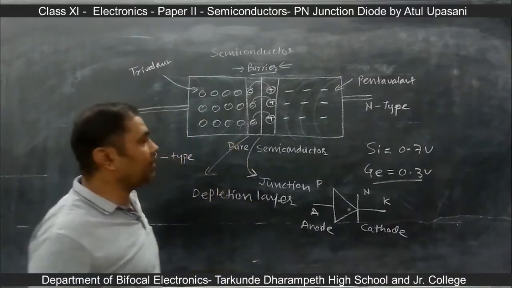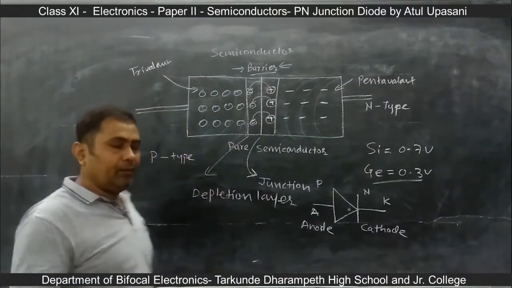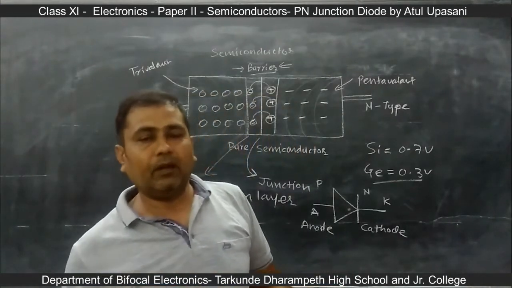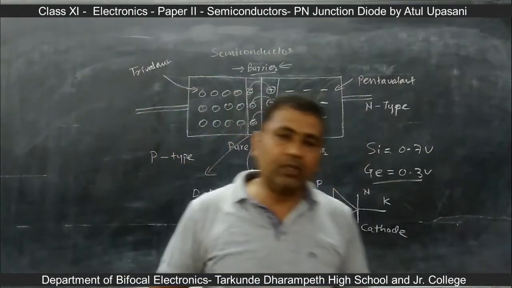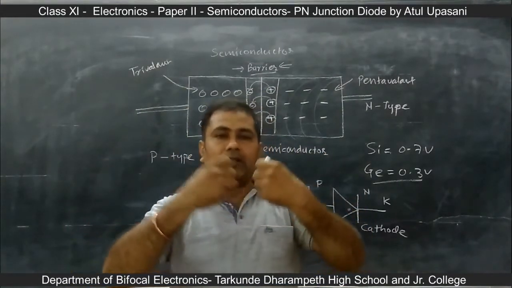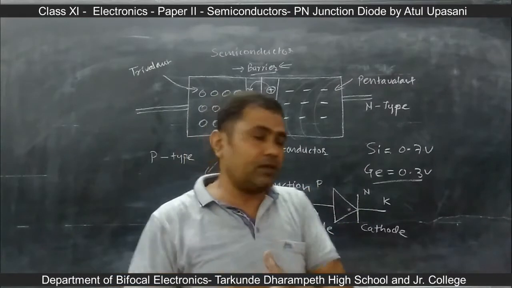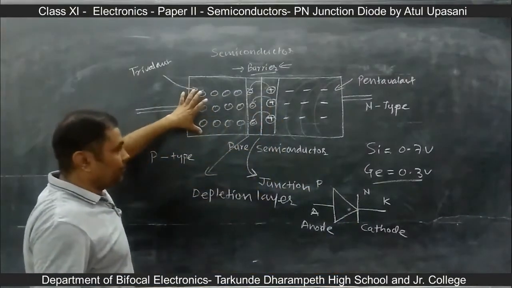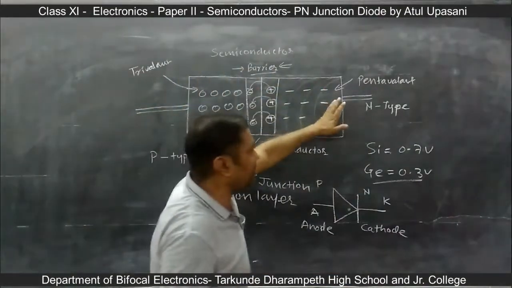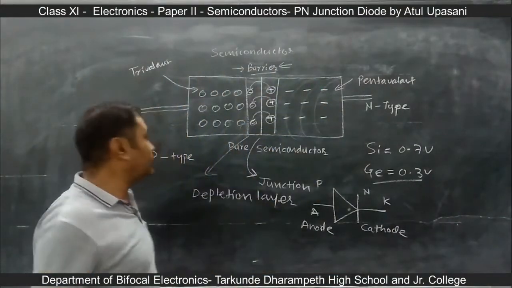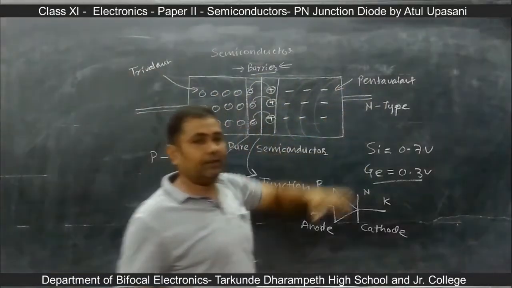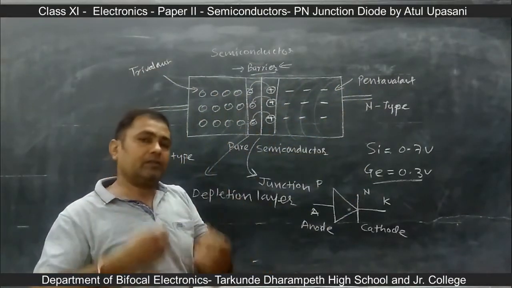So this is how PN junction is formed. In many books, it has been written that PN junction is formed by using P-type material and N-type material, and they are joined together. This is not actually the process. The process is this one: pure semiconductor material is taken, and either side of this pure semiconductor is doped with the trivalent impurity and pentavalent impurity, and this process is simultaneous.